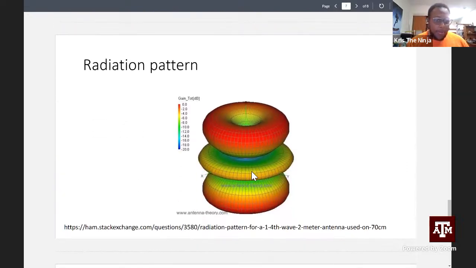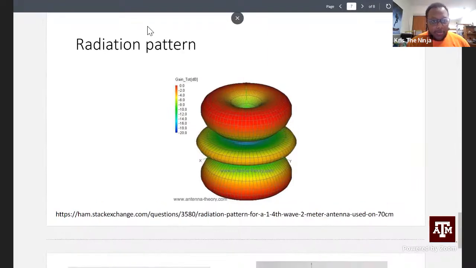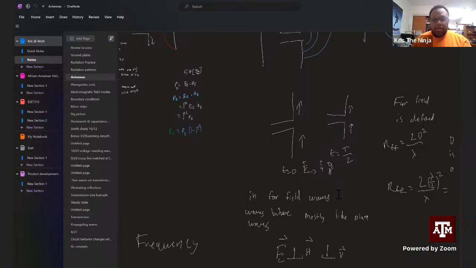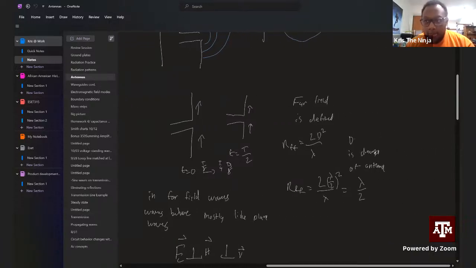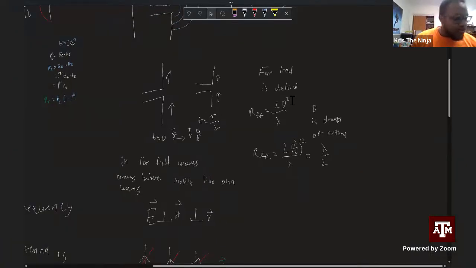This is another representation of the radiation pattern. I'm not trying to share too much of his stuff because I'm not trying to violate his copyright. Those are images pulled from the internet, so I'm hoping he doesn't mind that I showed how those waves propagate for illustrative and educational purposes.